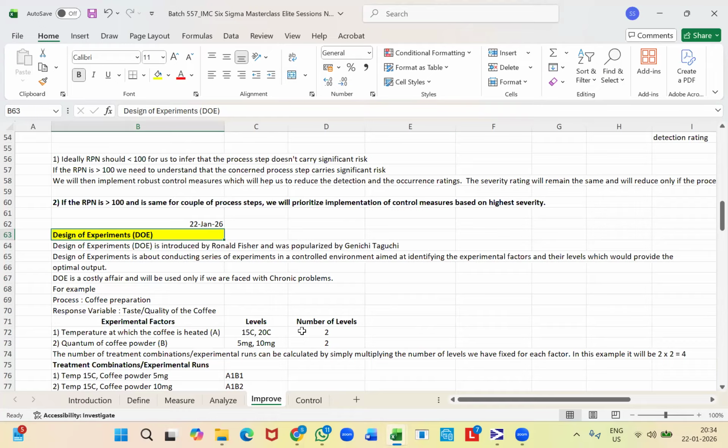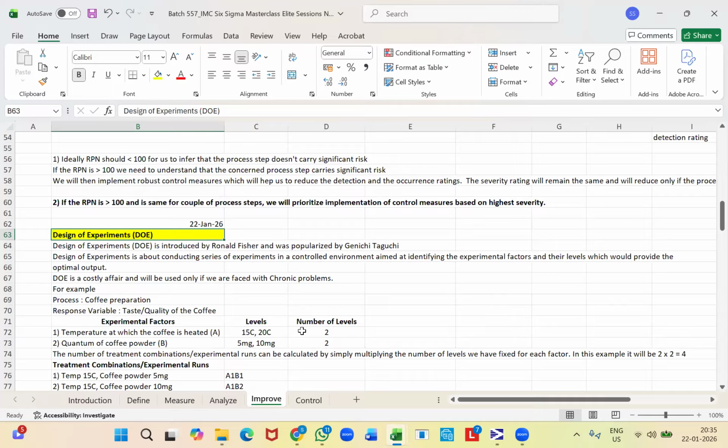There could be some other better experimental factors, I do not know, this is just for an example. The first experimental factor that I have considered is the temperature at which the coffee is heated. The second is the quantum of coffee powder. I believe these two factors might have a huge influence on the taste or quality of coffee.